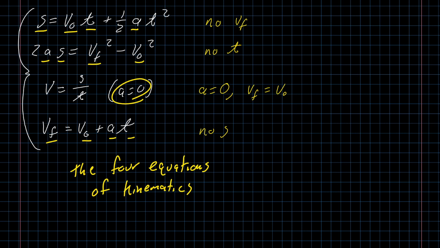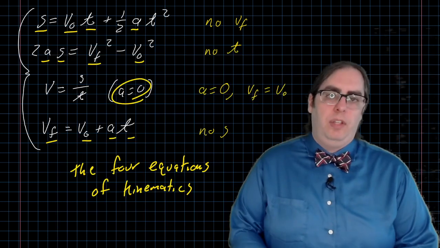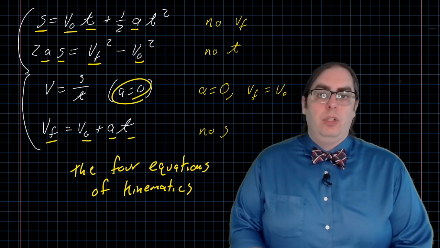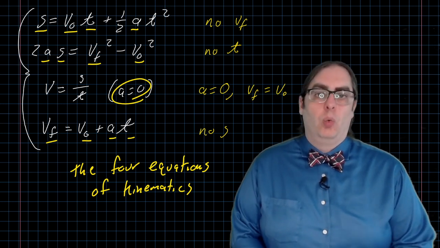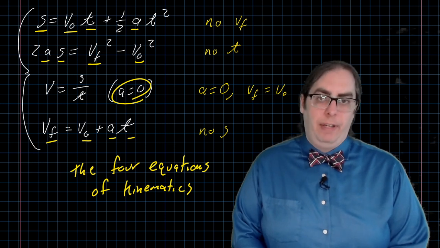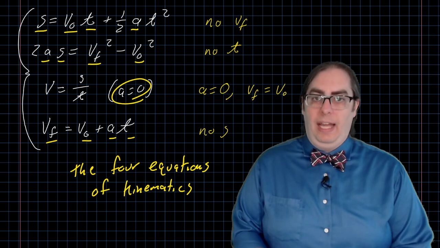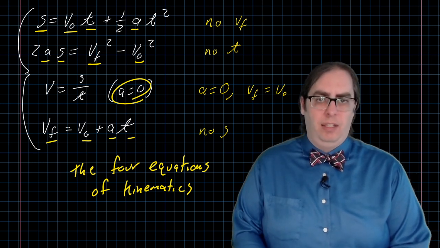So there's your problem-solving strategy. When you recognize that you are dealing with a situation involving kinematics, generally speaking, the goal is going to be write down all five variables that we've talked about: v naught, vf, s, a, and t.